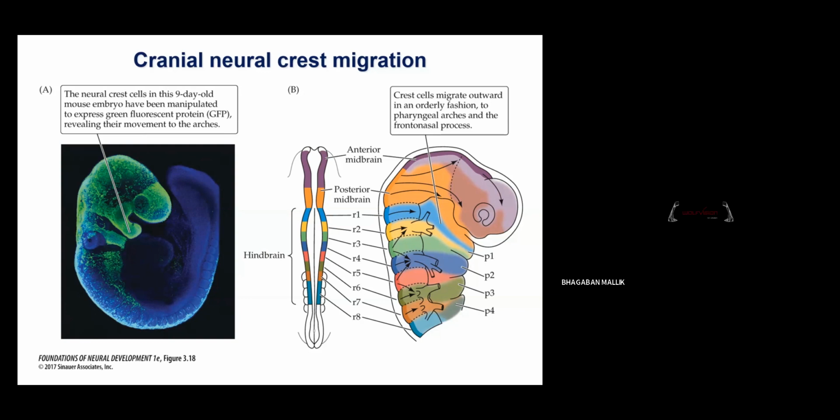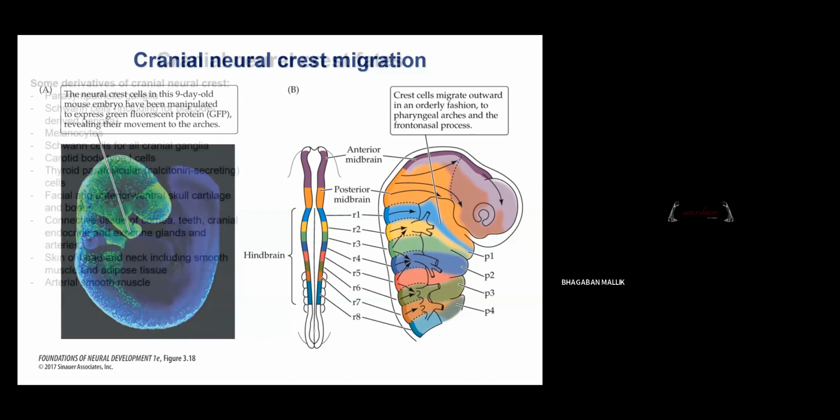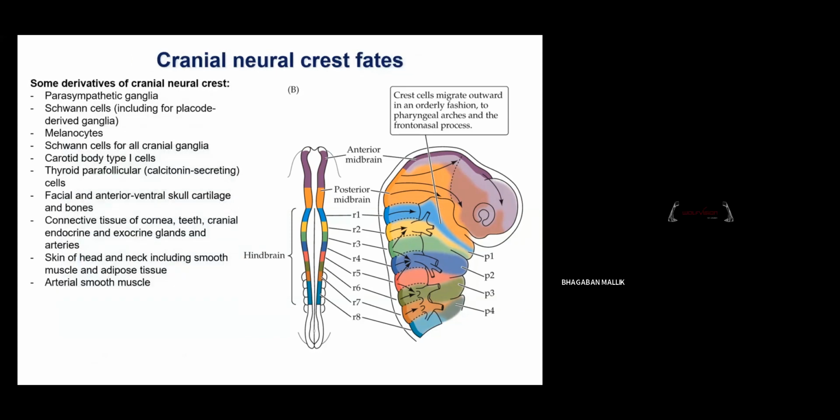Here is one example showing how crest cells migrate outward in an orderly fashion to the pharyngeal arches. Here it is shown how the neural crest cells migrate to the pharyngeal arches, to different parts during development. This is a diverse group of cells showing this special type of neural crest called cranial neural crest.